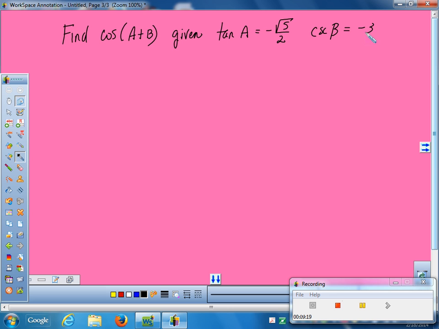And then they're also going to tell you that angle A falls between pi over 2 and pi, and that angle B falls between 3 pi over 2 and 2 pi. And that looks like a ton of information. But I want you to find the cosine of A plus B.